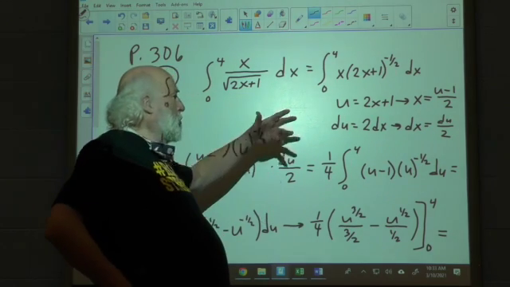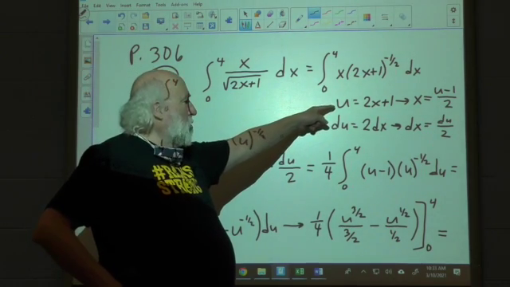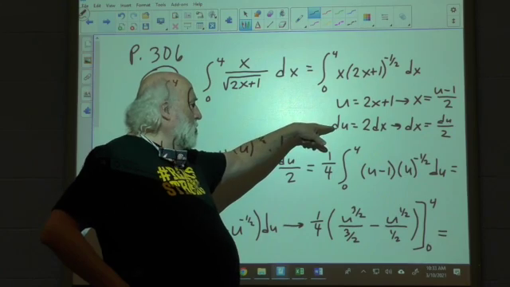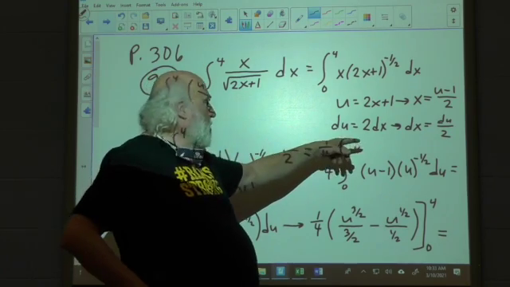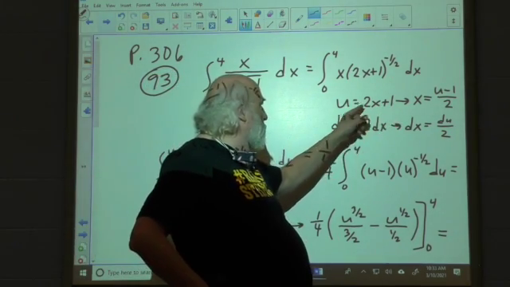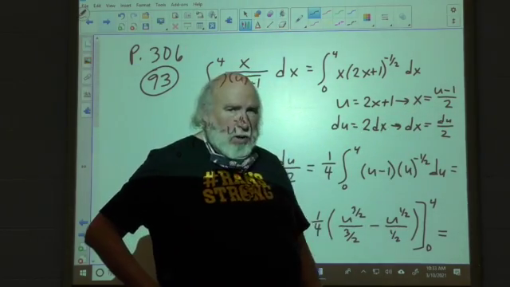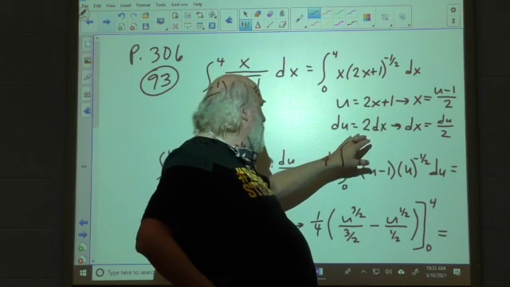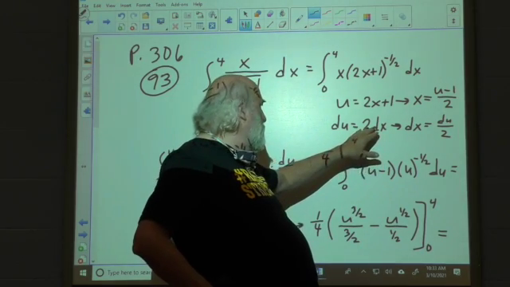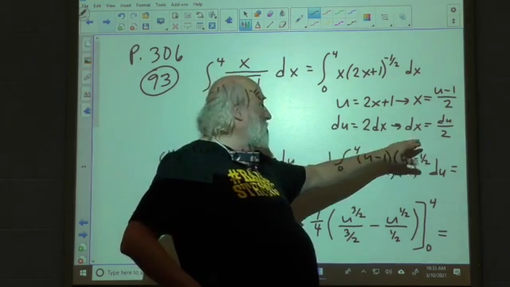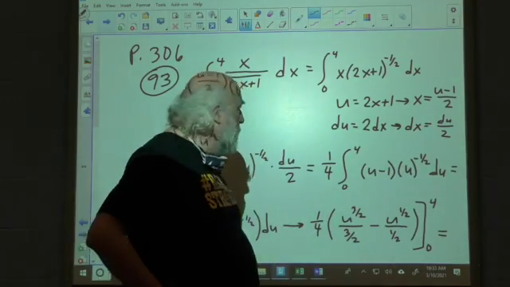What we're going to have to do next is rewrite this in terms of x and rewrite this in terms of dx. And so for this one right here, we subtract 1 and then divide by 2. We get x is equal to (u minus 1) over 2. And for this here, to get dx by itself, we divide by 2, so dx equals du over 2.